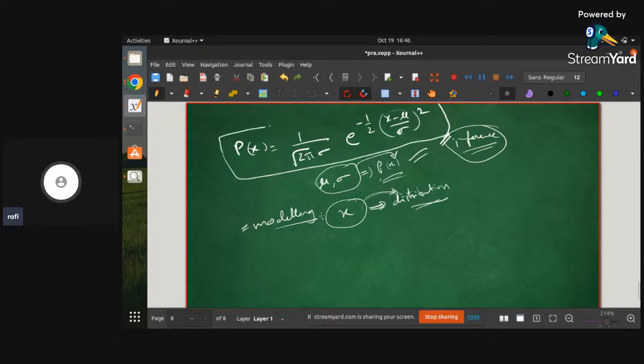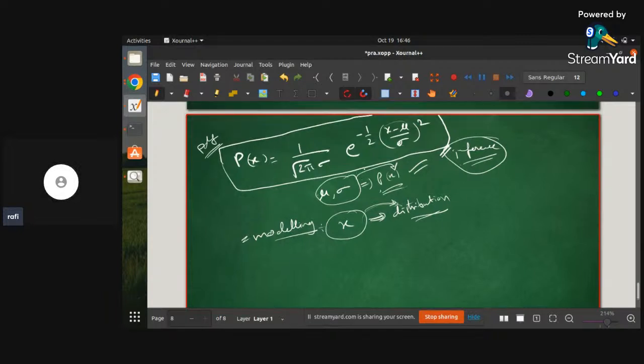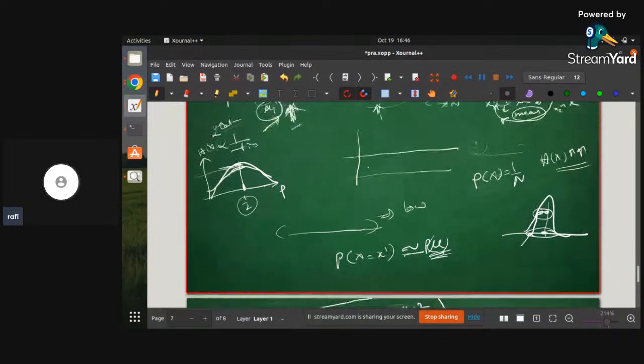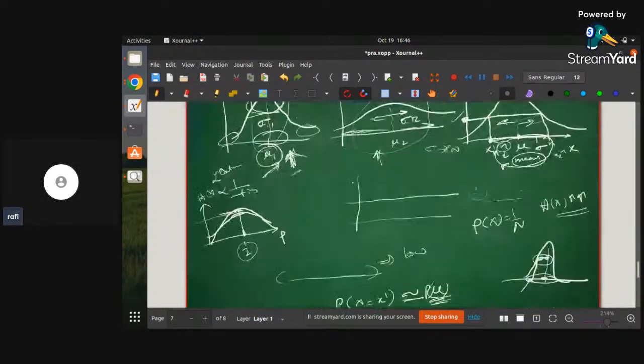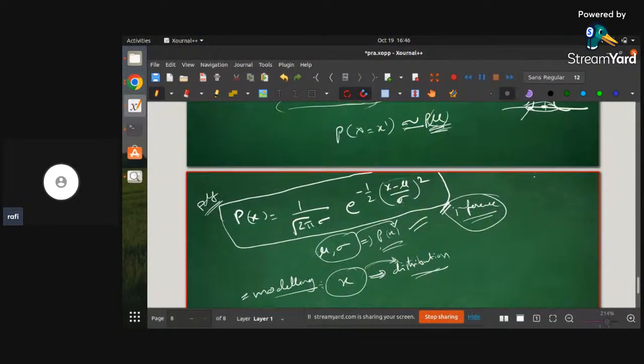So this is the probability distribution of a Gaussian. This is in fact a probability density function. By the graph only you should know this is a probability density function. This cannot be a distribution function because a distribution function is monotonic and always increasing.